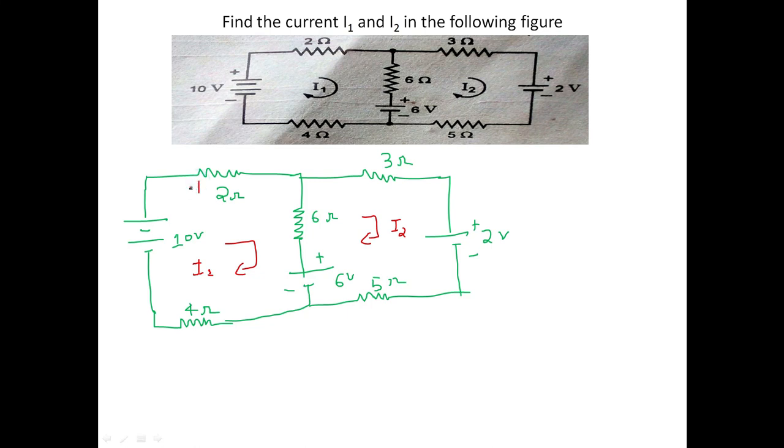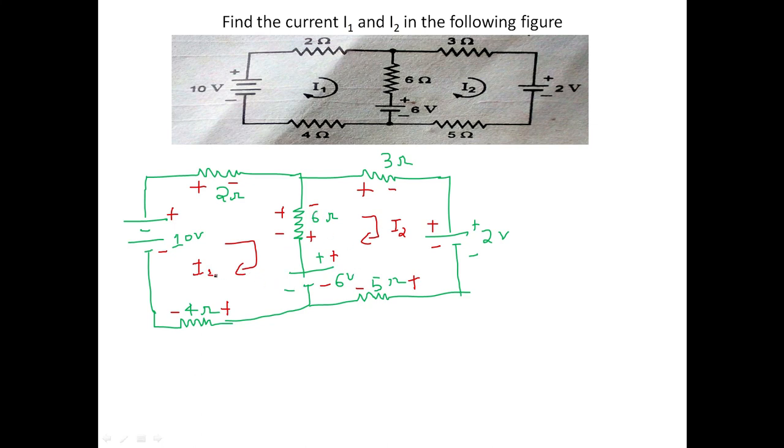Current goes from positive to negative, then positive to negative, then again positive to negative, then positive to negative, then here negative to positive, and this current is I1. In a similar way we assign the direction here. I2 goes from positive to negative, then positive to negative, then positive to negative, then negative to positive, and then positive to negative. So this is the assumed direction we have assigned.